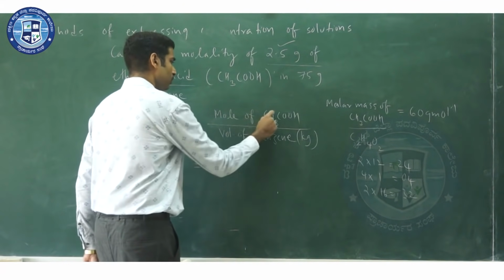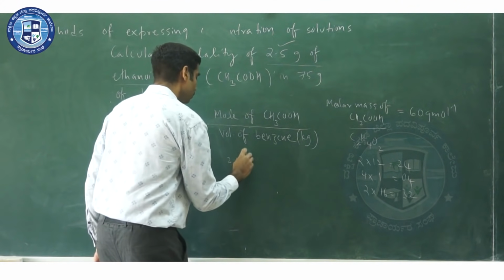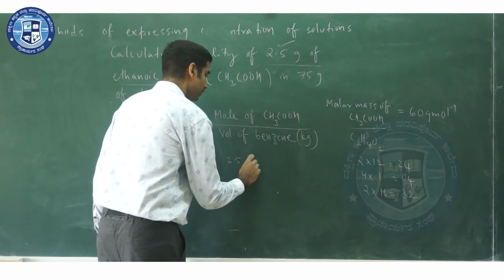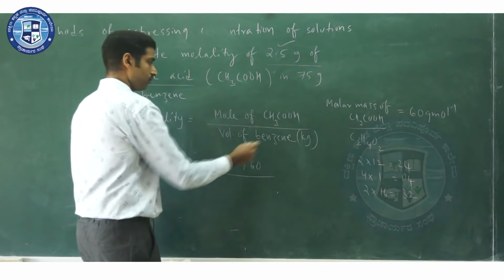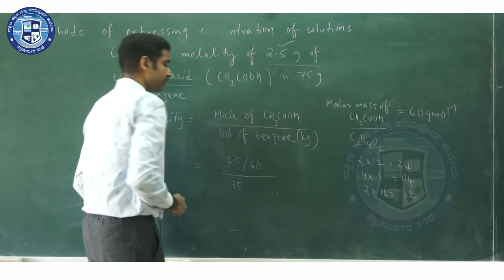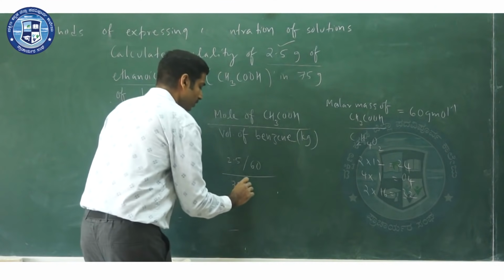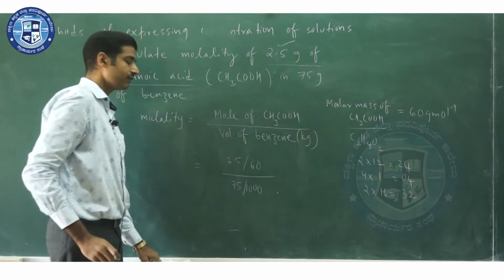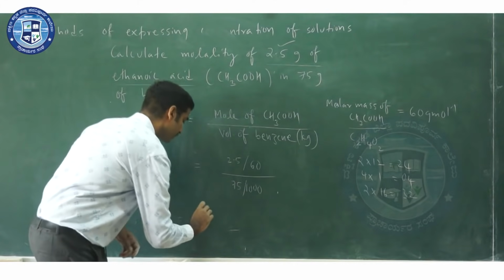Hence, number of moles of ethanoic acid will be mass by molar mass. Mass of ethanoic acid is 2.5 grams divided by molar mass of ethanoic acid, we have worked out just now, 60. Benzene is a solvent, 75 gram of benzene is there, but then you have to express this in terms of kilograms. 1 kilogram is equal to 1000 grams, and therefore 75 divided by 1000 will give you the mass of benzene in terms of kilograms.